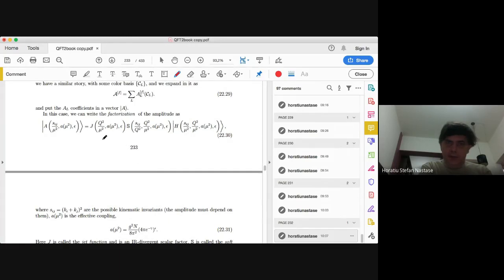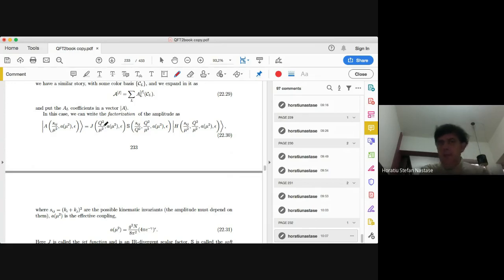So what else is there? In all of them there's the dependence through the coupling and epsilon. And now there's a dependence through a new arbitrary scale, capital Q squared.